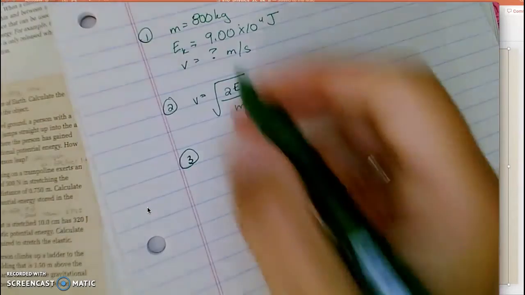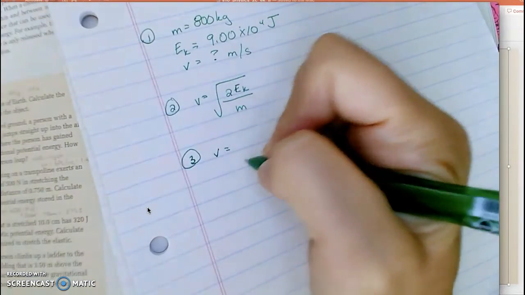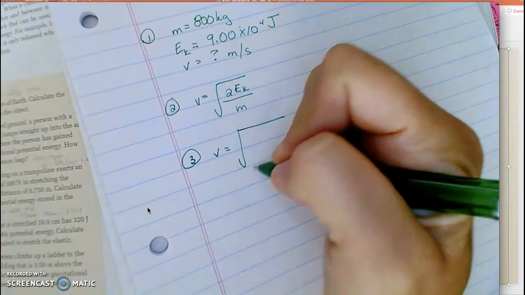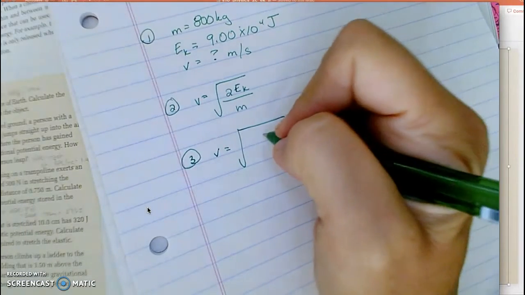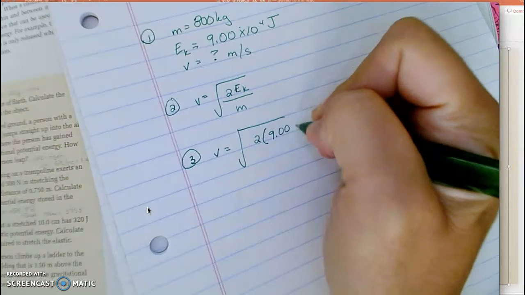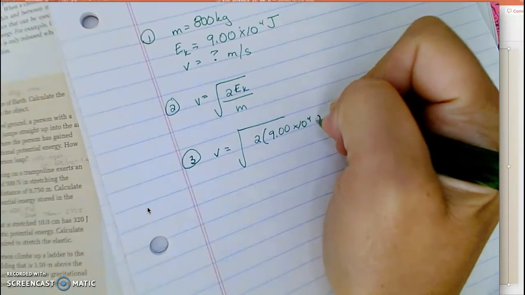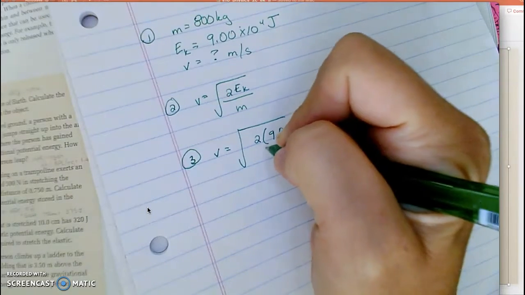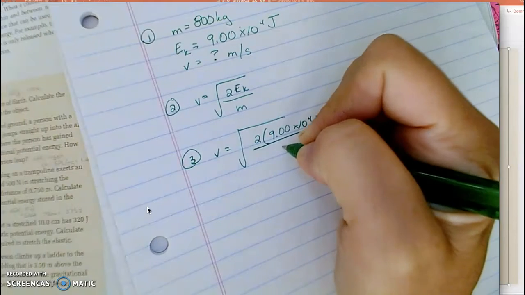So let's start putting in our numbers. Make sure you write that all the way along. Don't think, oh, I'll just do it later. No, do it now. So 2 times 9, keep your units, divided by mass.